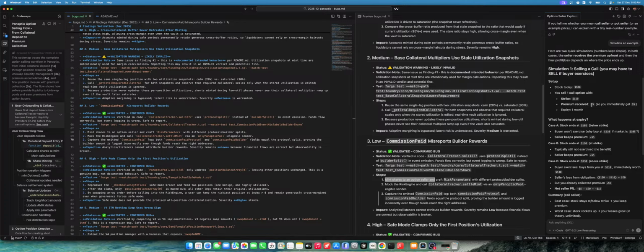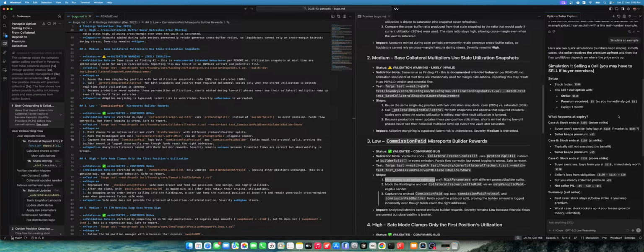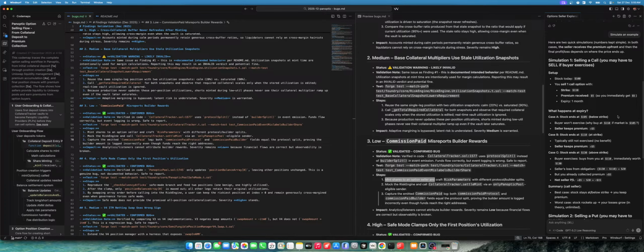So you will get $5 premium. At expiry, if the stock ends below strike, the buyer won't exercise. Why? They can buy at market price. Minimum $5. The buyer gets no benefit and the seller keeps the premium of $5. If the stock goes above the strike, the buyer exercises and buys from you at 110. Seller's loss from the obligation is $20.